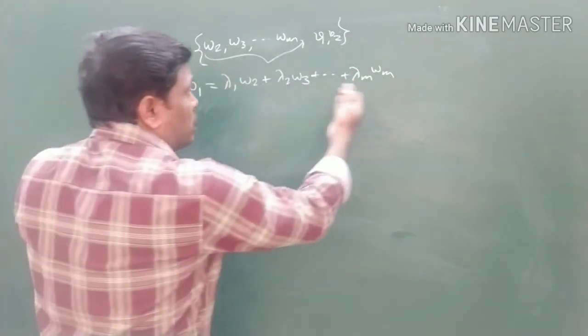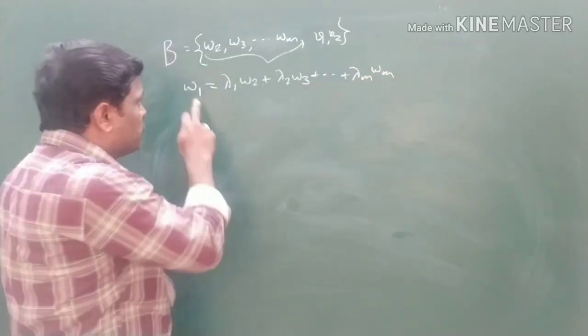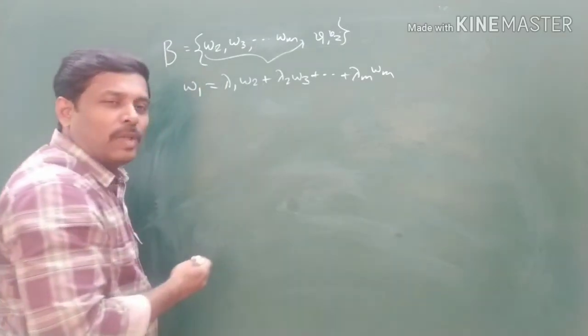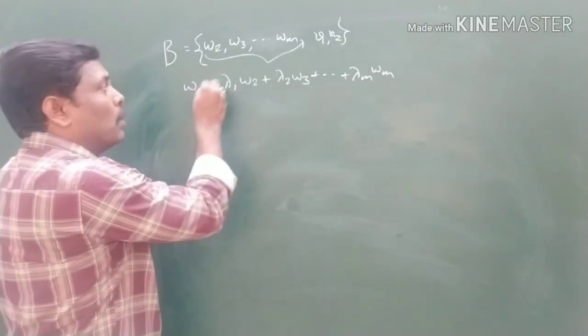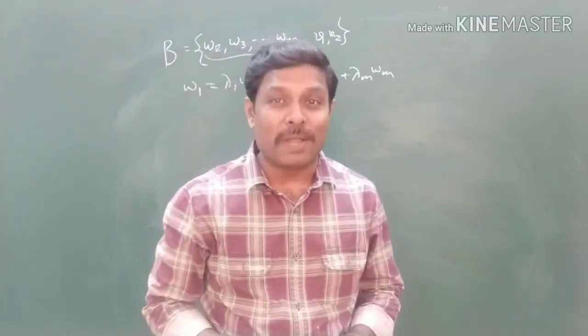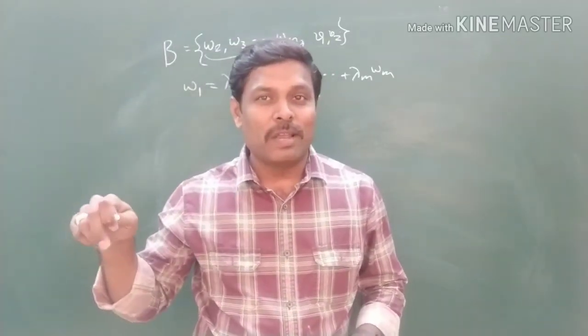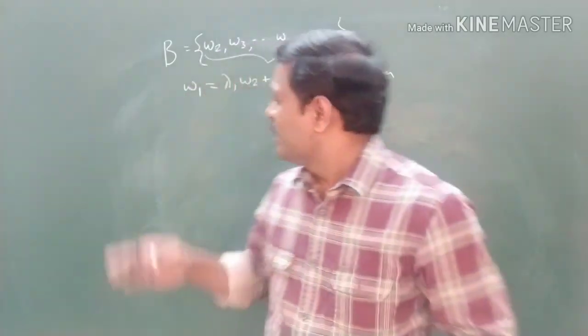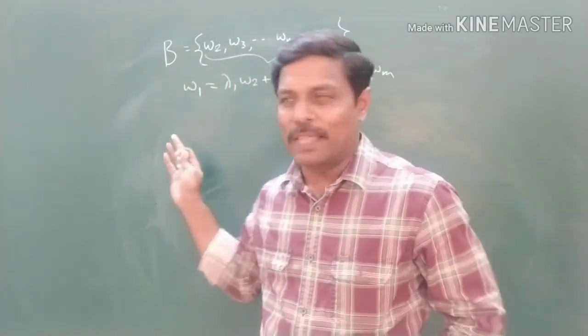So this should happen. And if you see, W1 depends on W2, W3, Wm, therefore W1, W2, W3 up to Wm will become linearly dependent. But by hypothesis, W1 to Wm are all linearly independent. Therefore, we can't write like that.